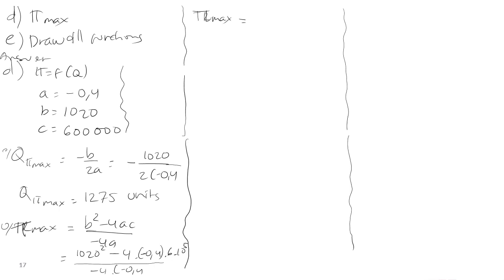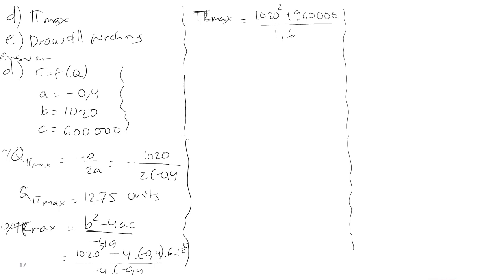So 1020 squared minus 4 times 0.4 times 600,000 is 960,000, over, oh, this one is plus, because minus 4 times minus 0.4 is 1.6.